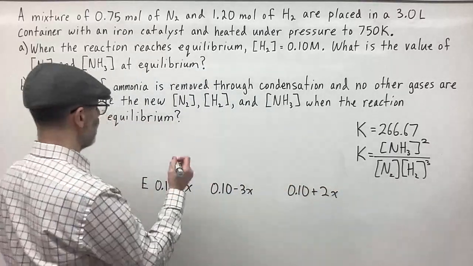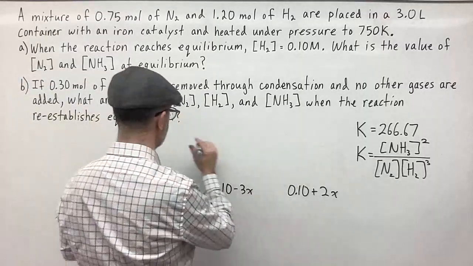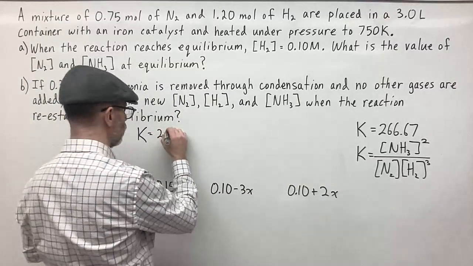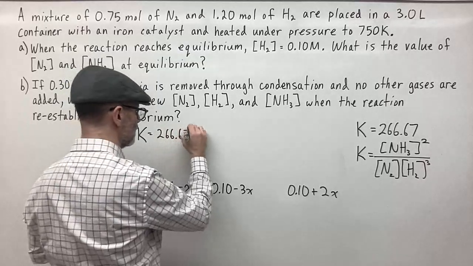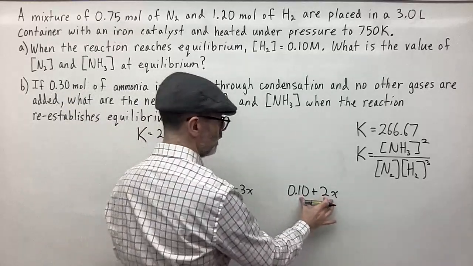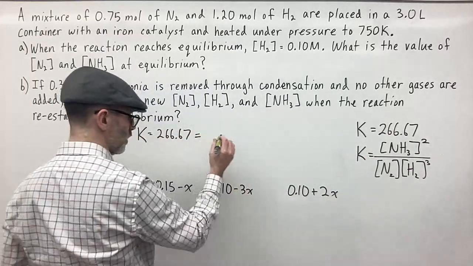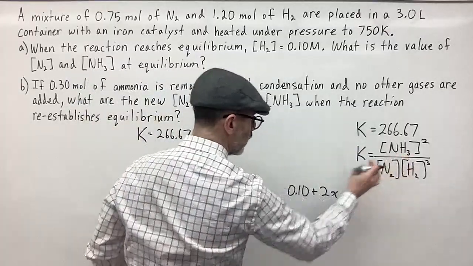Okay, so now, since K is equal to 266.67, we can plug these expressions into the equation here. So this is going to be equal to NH3 squared.